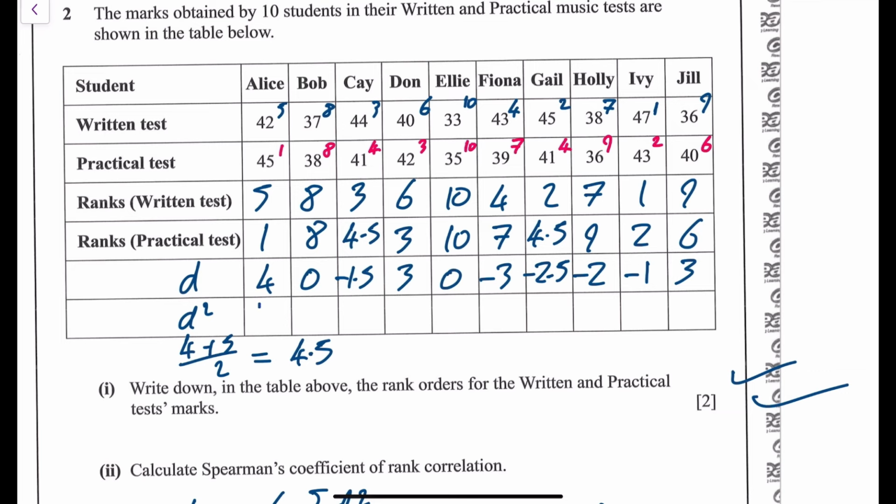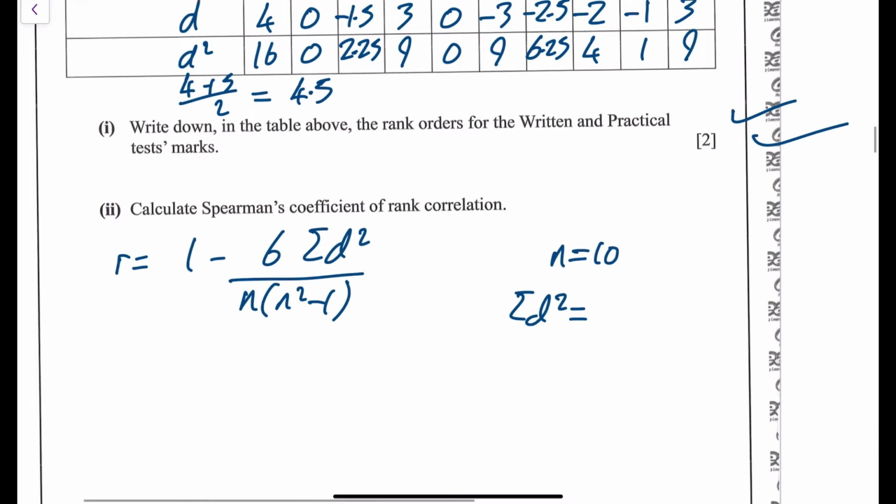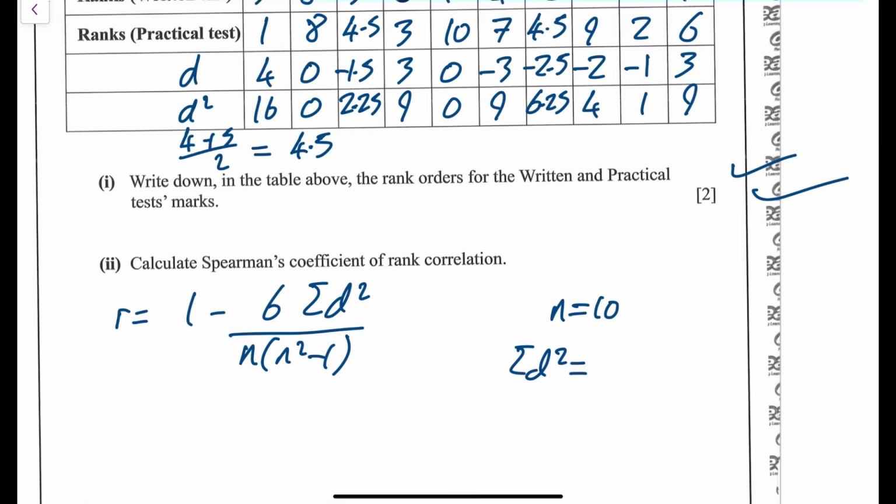And then d squared, so all of those get squared, that'll give you 16, 0, 2.25, 9, 0, 9, 6.25, 4, 1, and 9. So if you total those up, and hopefully I've done that correctly, I got 56.5 when I added this highlighted row up.